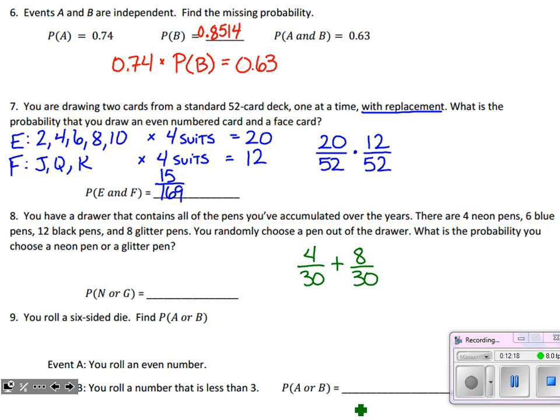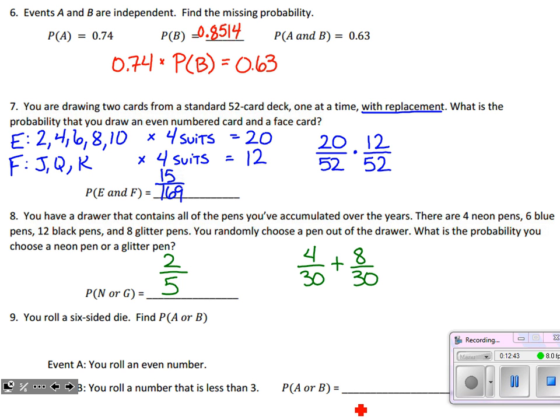We add those fractions together, we get 12 out of 30, which simplifies to 2/5. And it makes sense. 2/5 is pretty close to 1/2, and 4 and 8, that's 12 of our 30 pens. Pretty close to half the pens are neon or glitter.